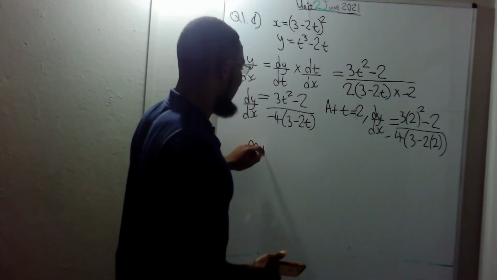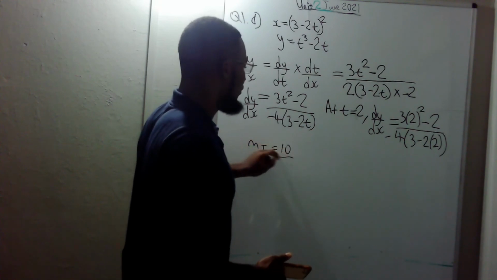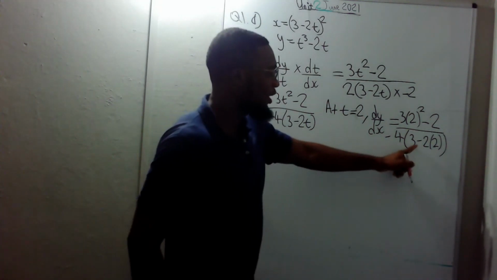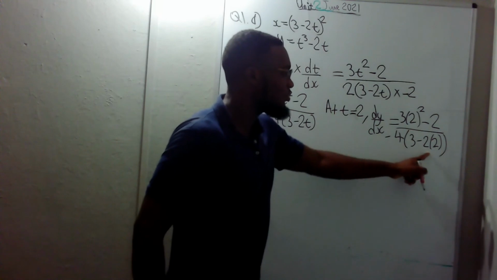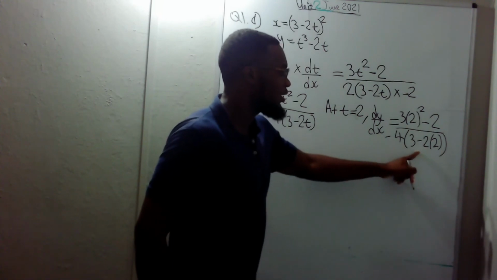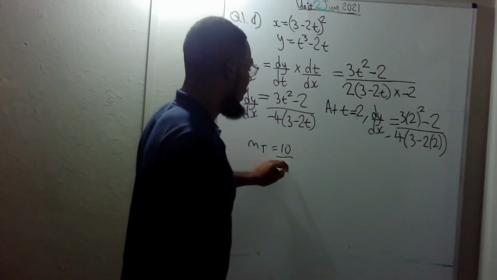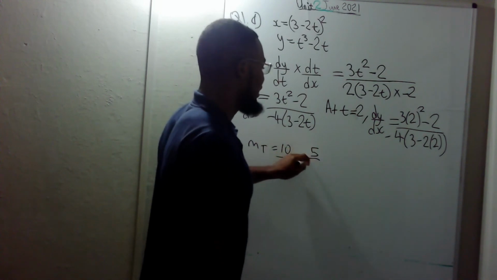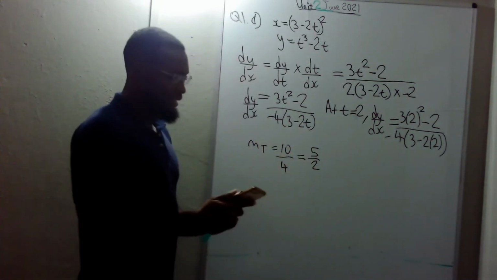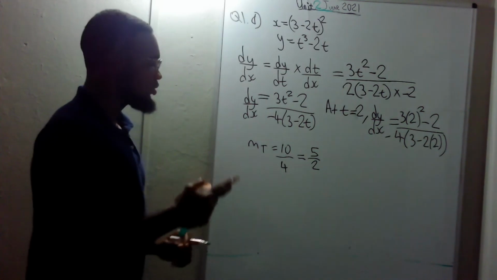So we're getting that the gradient of the tangent is 10 over 4. 3 minus 4 is negative 1. Negative 1 times negative 4 is 4. So the gradient of the tangent is 5 over 2.